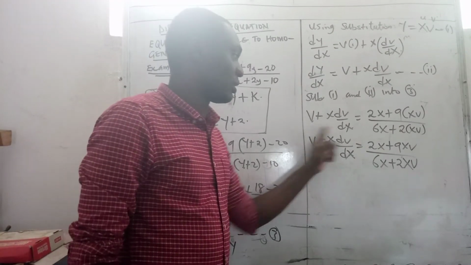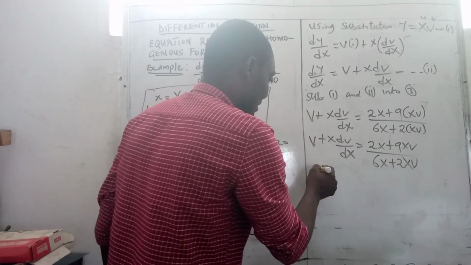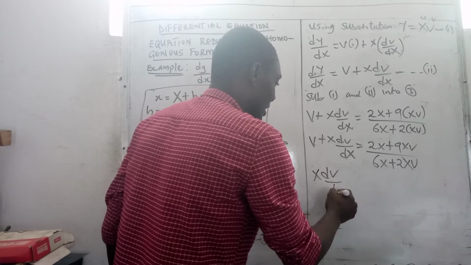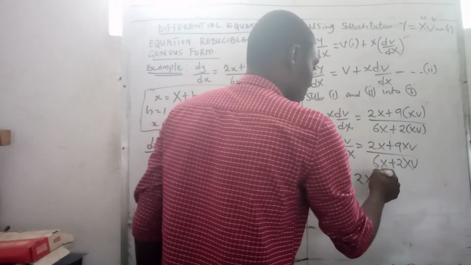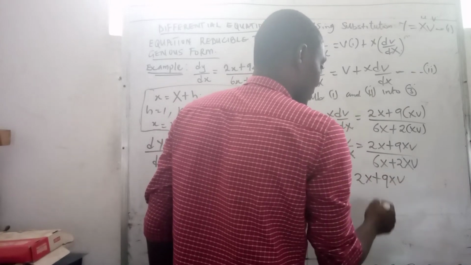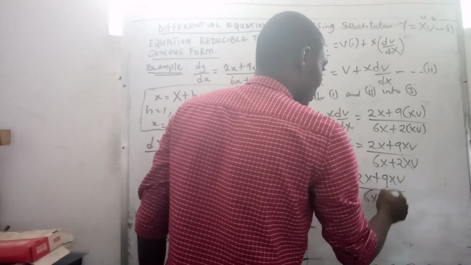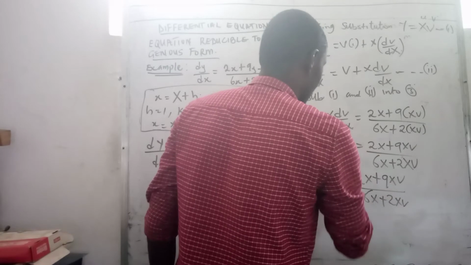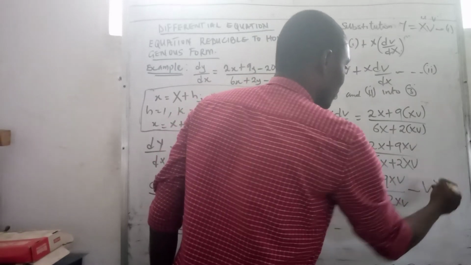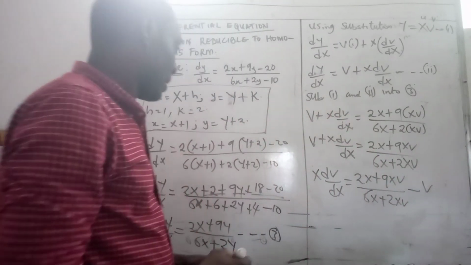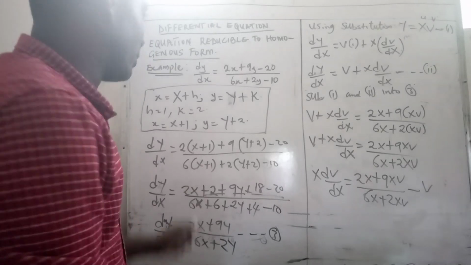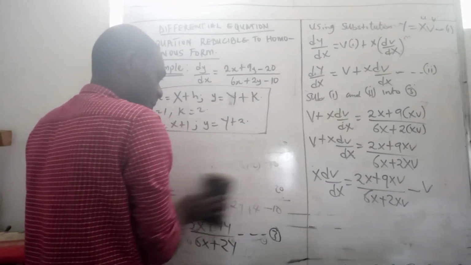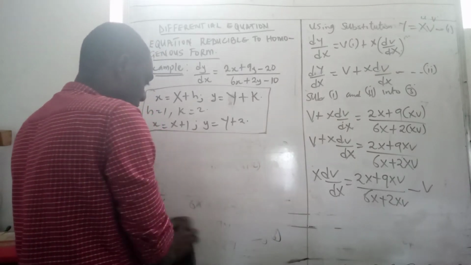So I'm going to take this one this way. So I'm going to have x dv/dx equals 2x plus 9xv over 6x plus 2xv. When this goes here, it becomes minus v. So I think I'm going to rub off this. So we get this.